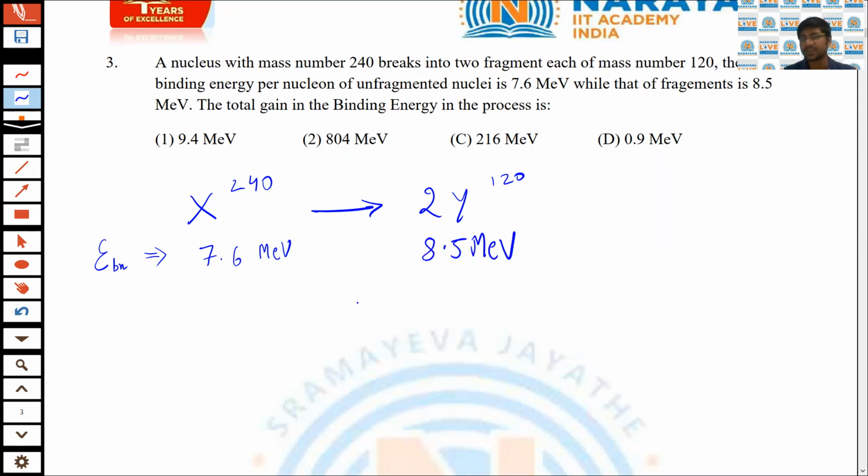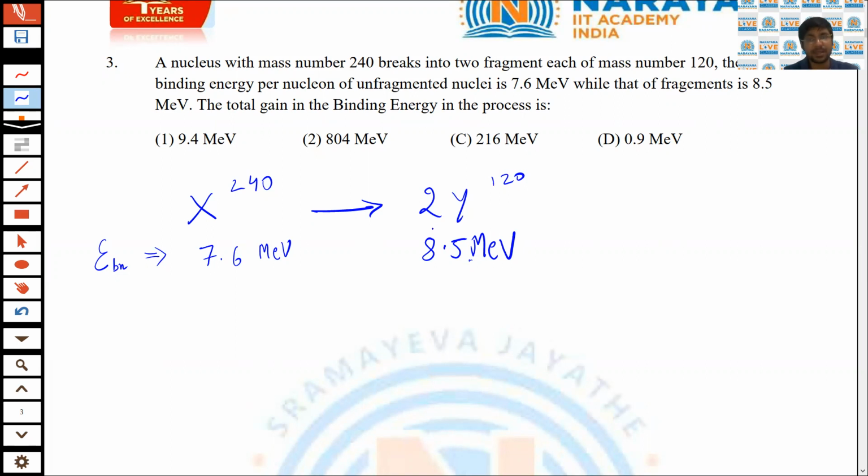From this we can see that the binding energy per nucleon of the product is greater than that of the reactant, which makes the product more stable than the reactant nucleus, and makes this process spontaneous.